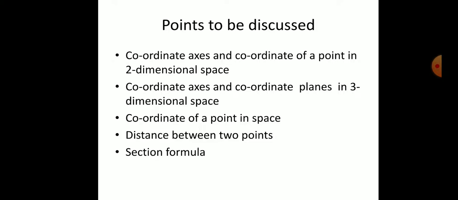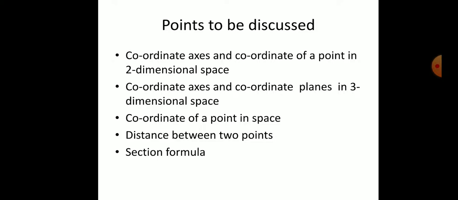The following important points will be discussed in this chapter. First, coordinate axis and coordinate of a point in two-dimensional space, coordinate axis and coordinate planes in three-dimensional space, coordinates of a point in space, that is three-dimensional geometry, distance between 2 points, and section formula.